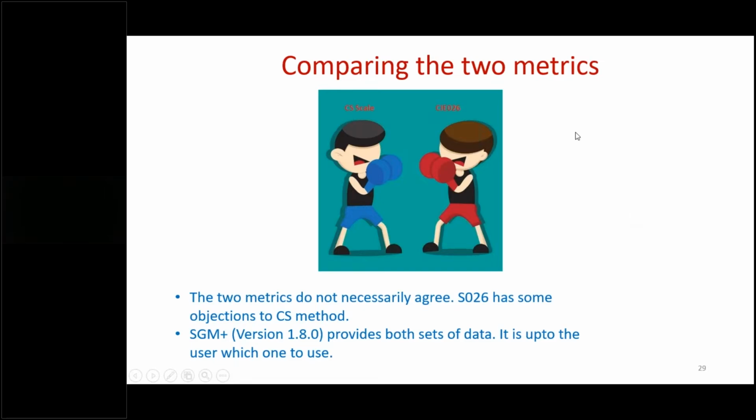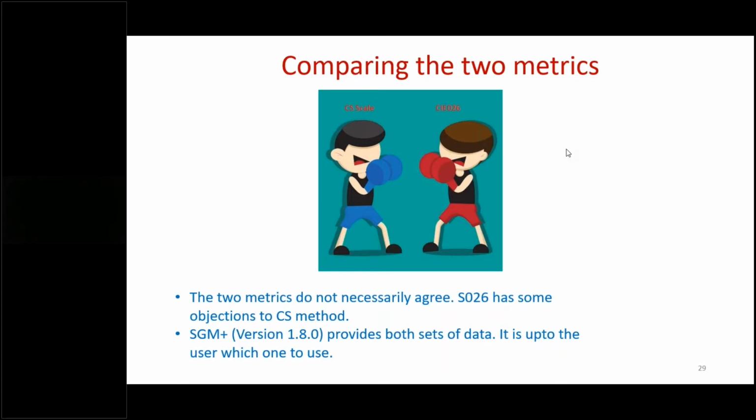So if we want to compare these two metrics, we should realize that there are some differences, and they are actually talking about different units. We talked about MEDI, MLER, MELR, and the melanopic ratios, and these are different from CS and CLA.